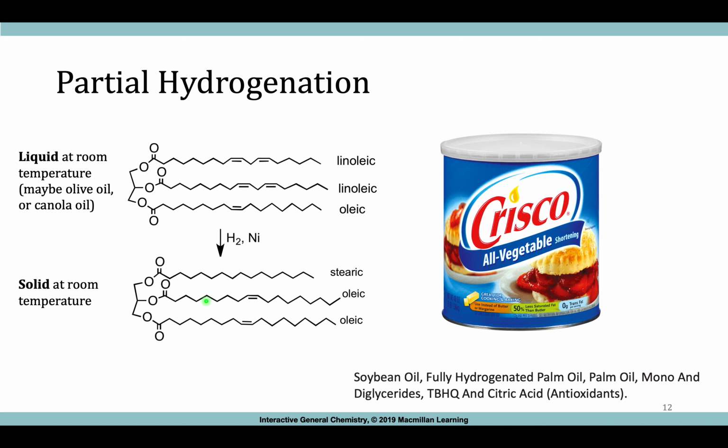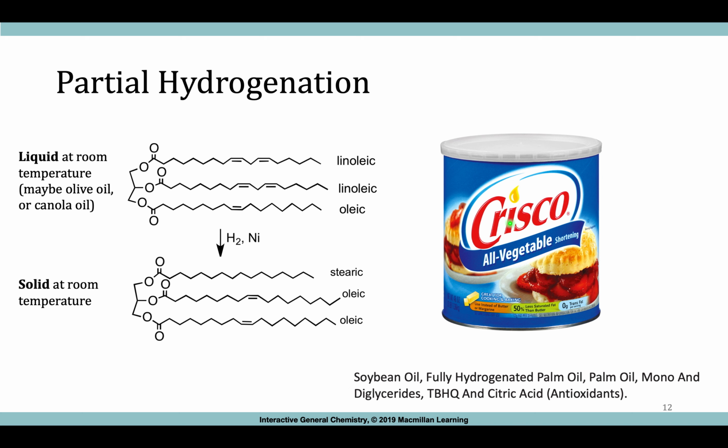I tried to look this up and find products that have partially hydrogenated oils, but honestly, it's really hard to find that anymore. So I looked up Crisco, for example. Here's the ingredients from their website. It's solid at room temperature. It says 50% less saturated fat than butter.